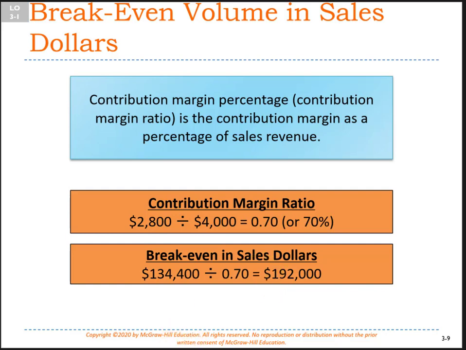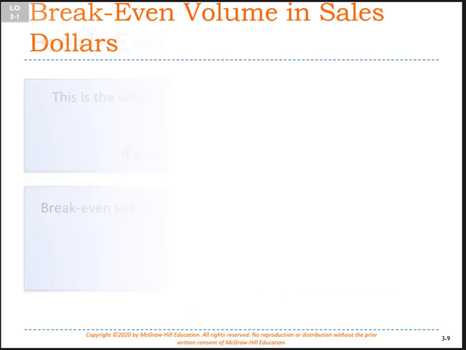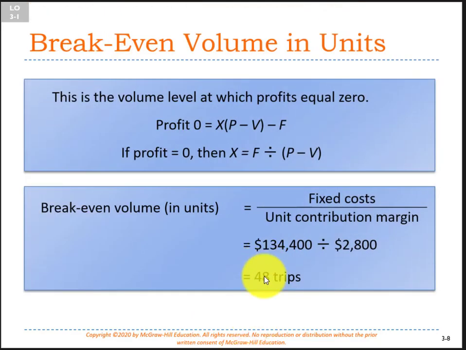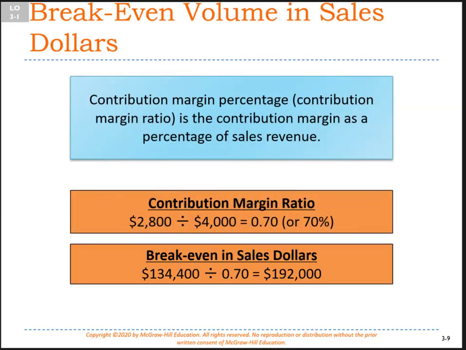Well, we could take 48 trips and multiply it by 4,000. That's one way to get it if we have the 48 already calculated. Or we can do this: 134,400 fixed cost divided by 0.7 to get 192,000, which is the same answer as taking 48 trips times 4,000.